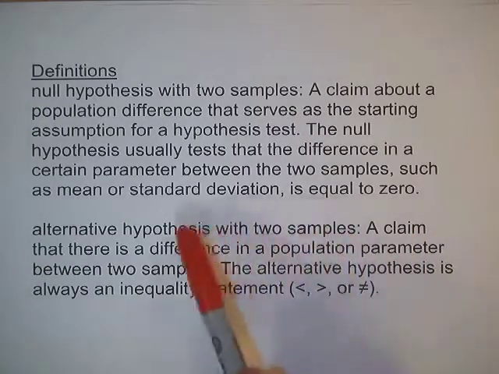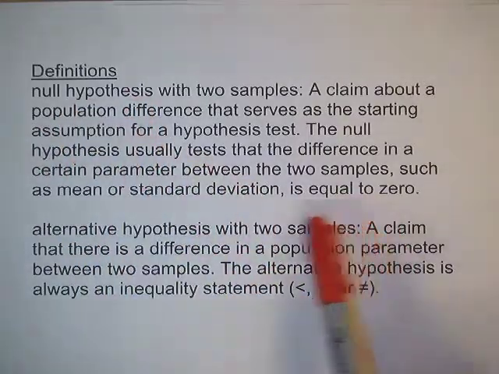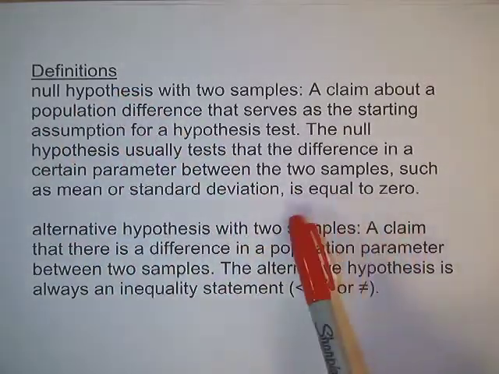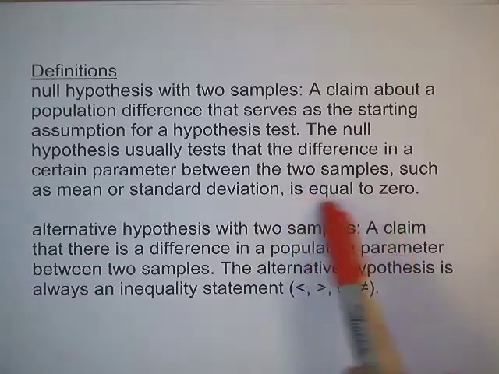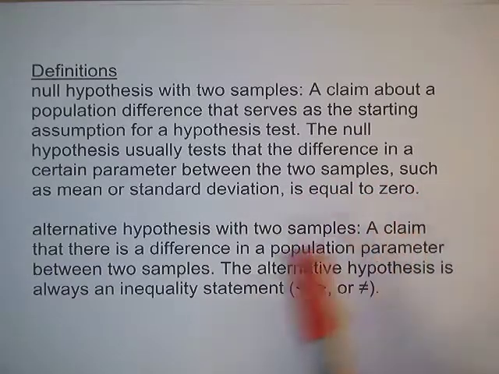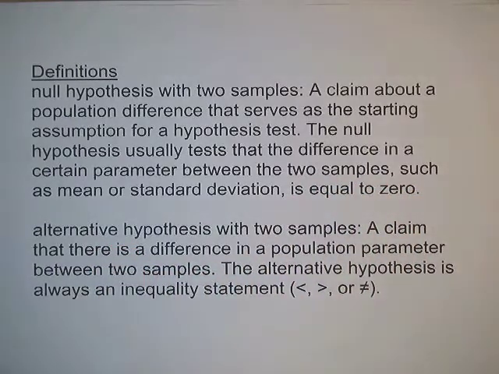A lot of times with the null hypothesis we're going to assume that there's not a difference between our two samples, so we're going to say that the difference is equal to 0. Now the alternative hypothesis with two samples is a claim that there is a difference in the population parameter between the two samples. The alternative hypothesis is always an inequality statement.